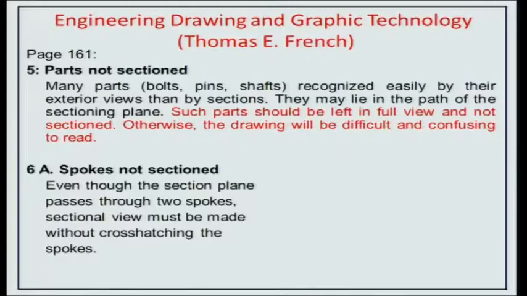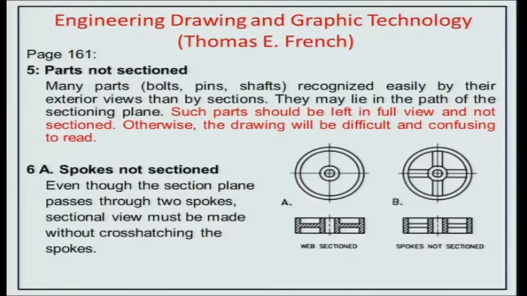They may lie in the path of the sectioning plane. Such parts should be left in full view and not sectioned. Otherwise, the drawing will be difficult and confusing to read. 6a, spokes not sectioned. Even though the section plane passes through 2 spokes, the sectional view must be made without cross hatching the spokes. Okay, something very similar.